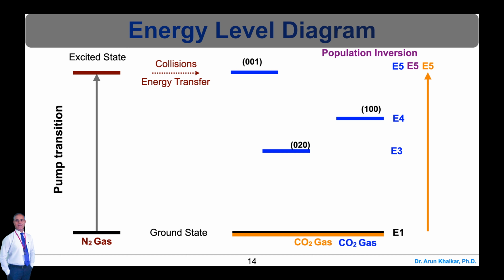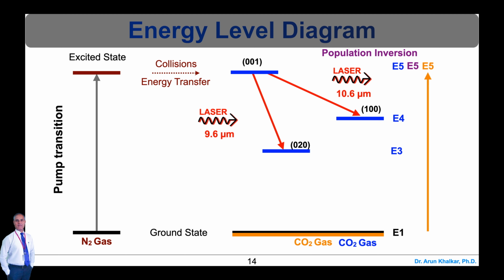The laser transition between E5 and E4 levels produces far infrared radiation at a wavelength of 10.6 micrometer. The lasing transition between E5 and E3 levels produces far infrared radiation at 9.6 micrometer wavelength.